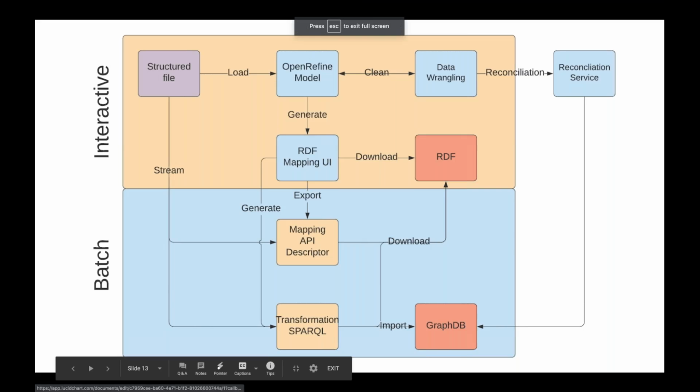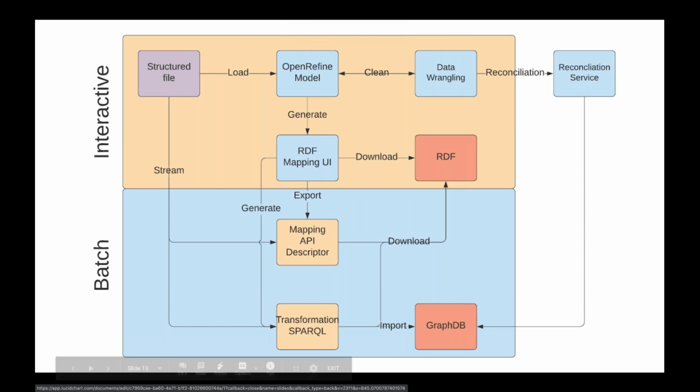What else to say? These are the different type of flows you can use the interface not only to make interactively the transformations, but also to script them. One of the things which is really important to say is that you have this type of multiple flows, and if you go directly from the structure file to a mapping descriptor, we have skipped the data reconciliation step.